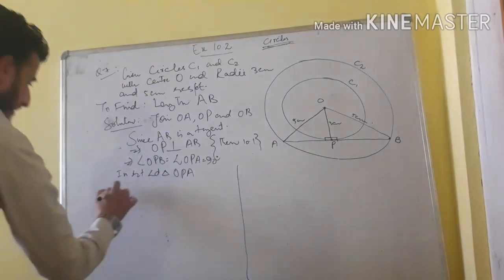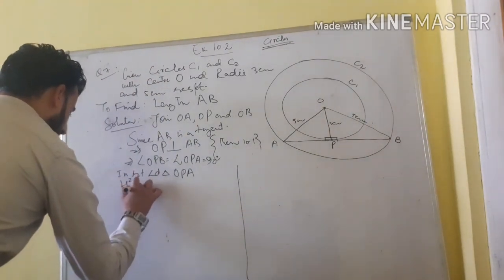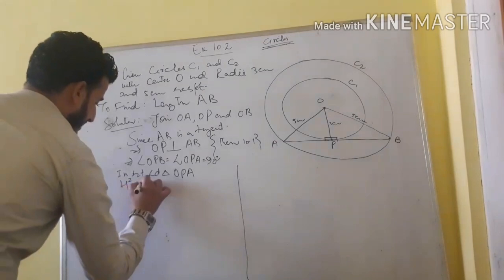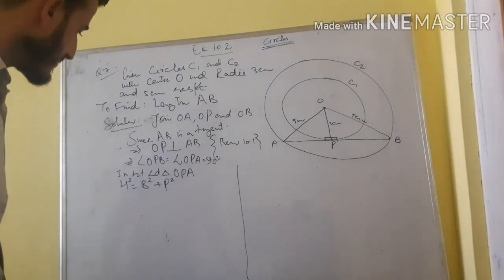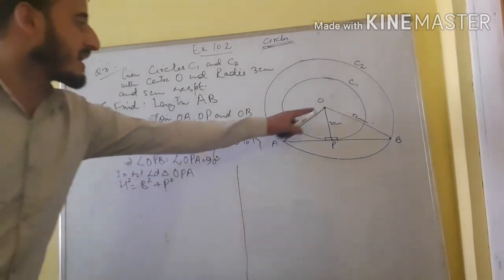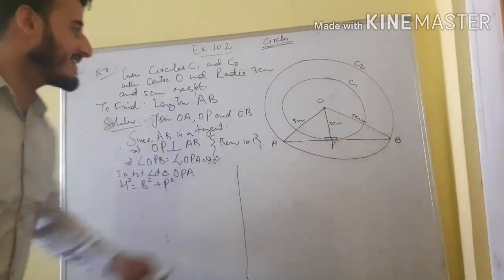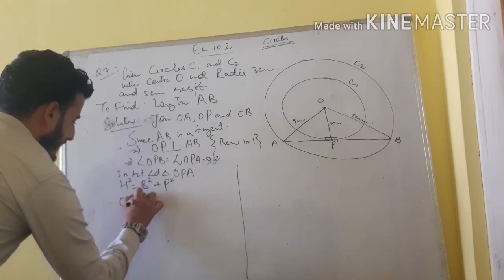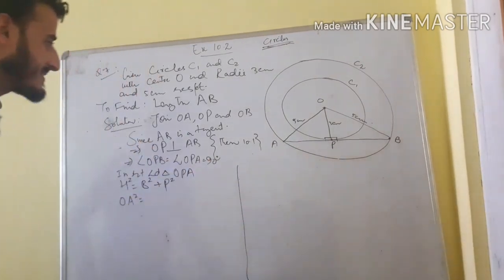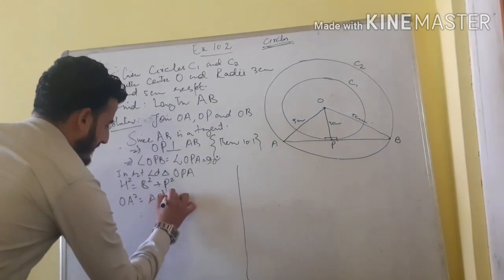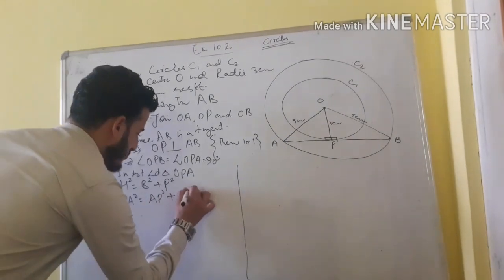By Pythagoras theorem, hypotenuse square is always equal to base square plus perpendicular square. You all know, the hypotenuse is the side opposite to the 90 degree angle, that is OA. OA square will be equal to the base, that is the adjacent side, AP square plus perpendicular OP square.